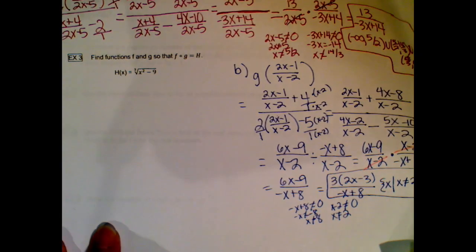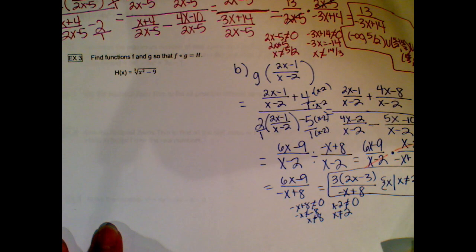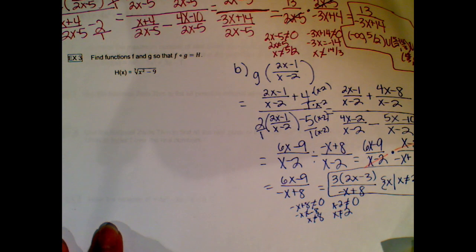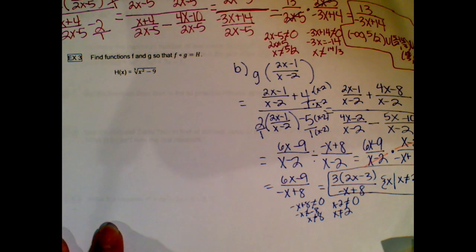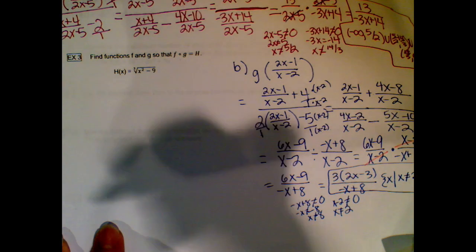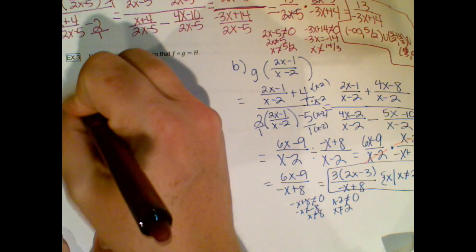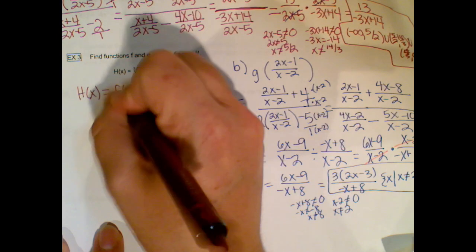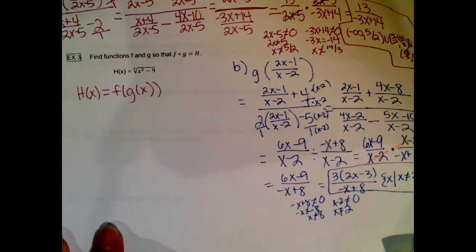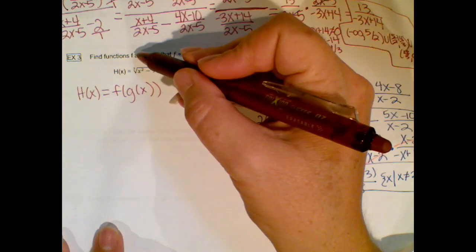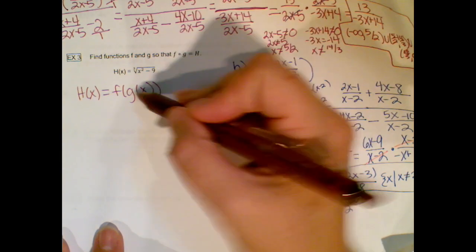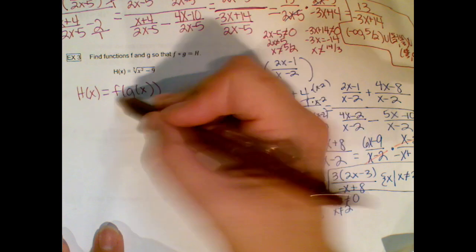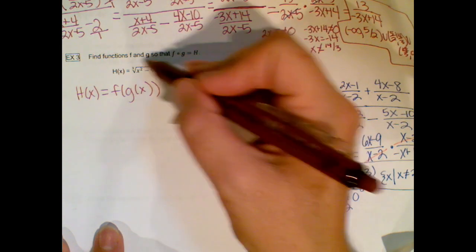Okay, last one. Find functions f and g so that f of g equals h. So on this one, h of x is equivalent to f of g of x. And what it wants us to do is just find functions f and g that when I compose them in this order, it would simplify to this.